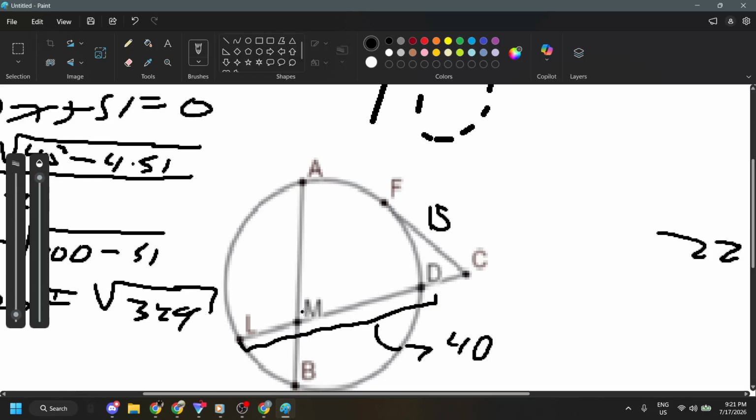If I could somehow prove that these are collinear, could I say, hey, this distance is the same as this distance? Which means, no, I couldn't even say that those are the same distances.